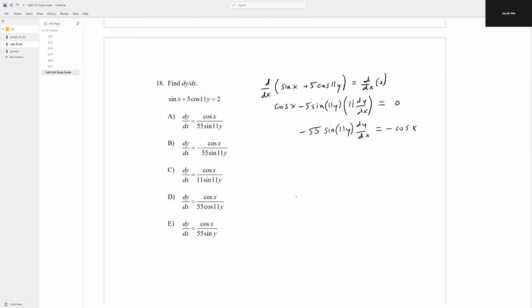And now I just need to isolate dy dx. So that leaves me with cosine x over 55 sine 11y. My answer. I think that's part A. Choice A.